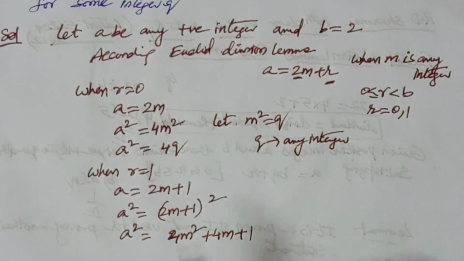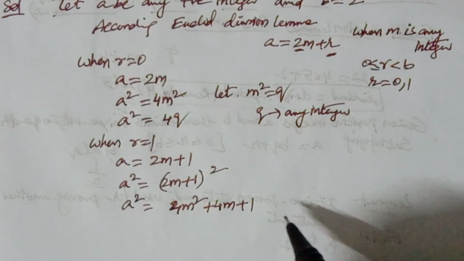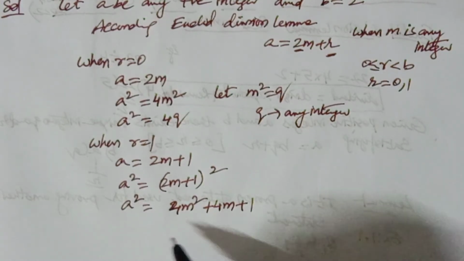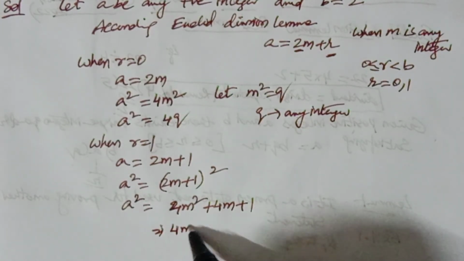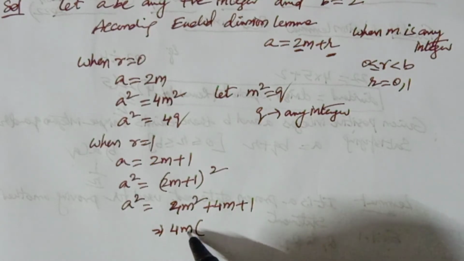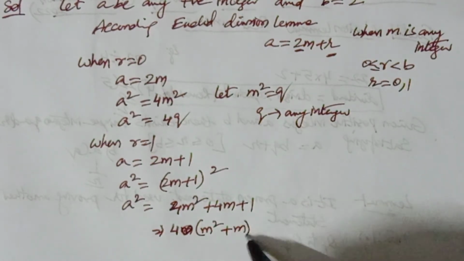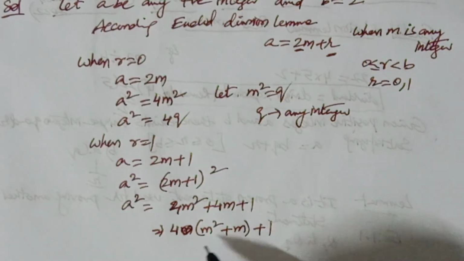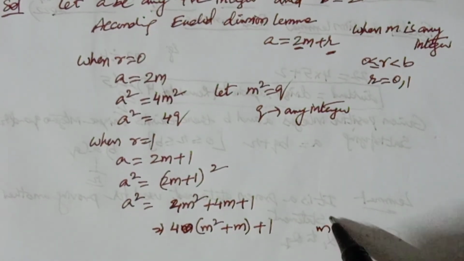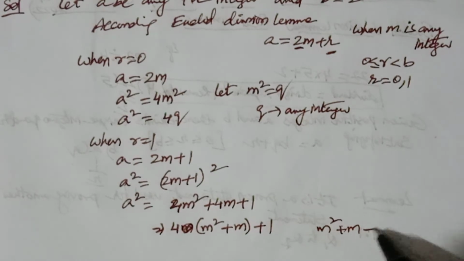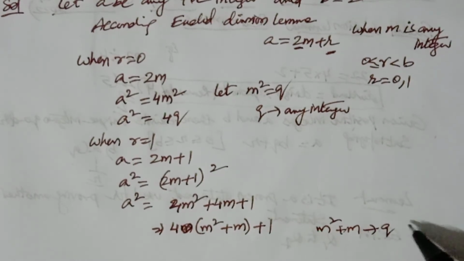In the previous problem we have seen the a plus b whole square formula: a square plus b square plus 2ab. Taking 4 common, 4 times m square plus m, plus 1. So here m square plus m, you are taking as any integer q.